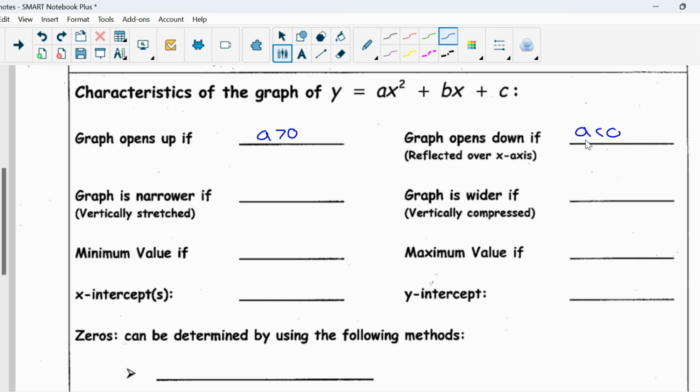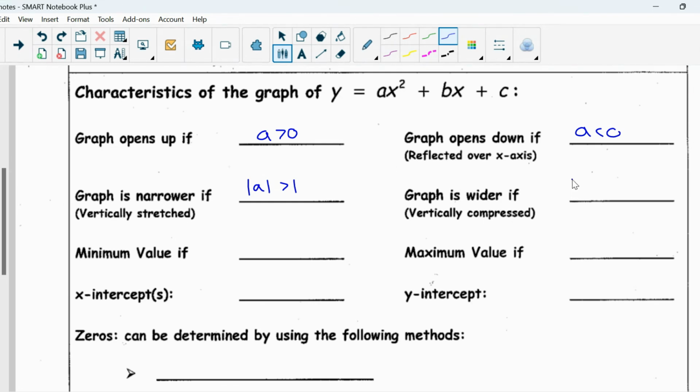So that leading coefficient on your quadratic in standard form determines which way your graph opens. A similar concept to your absolute value graphs: when the absolute value of a is greater than 1, your graph is narrower.